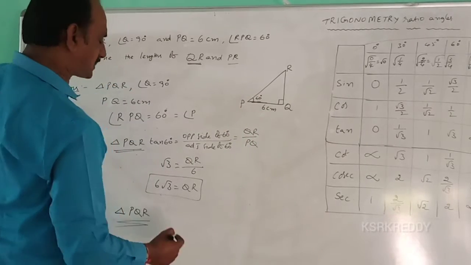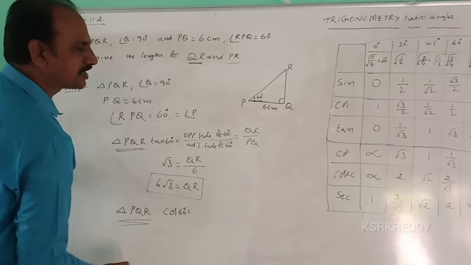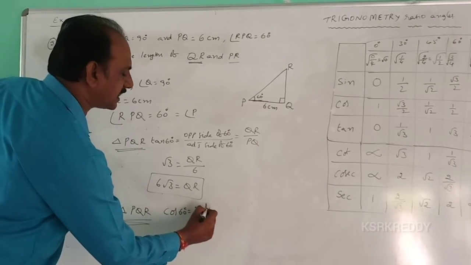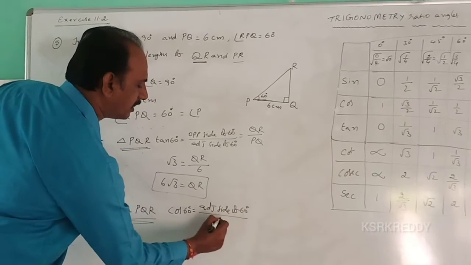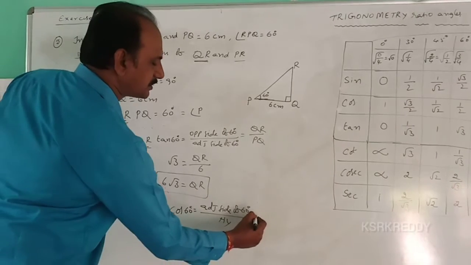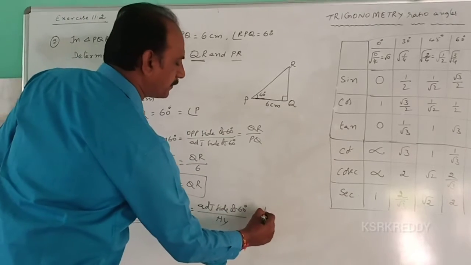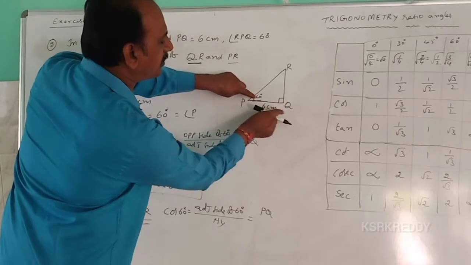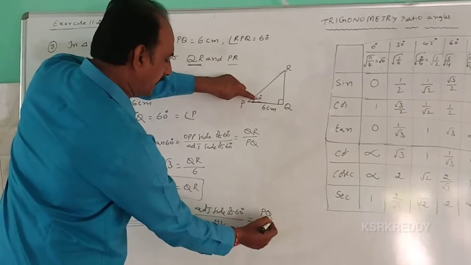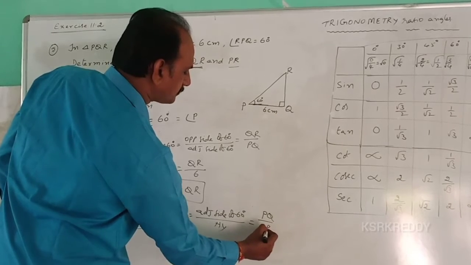So apply cos. Cos 60 degrees is equal to the adjacent side of 60 degrees divided by the hypotenuse. What is the adjacent side of 60? PQ. And the hypotenuse? PR.